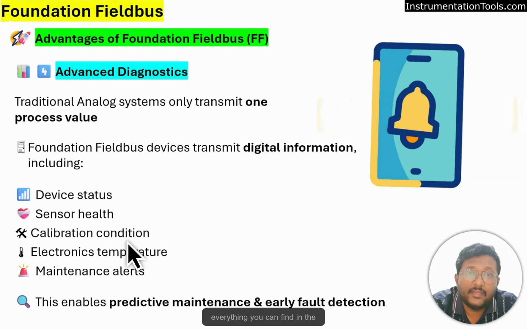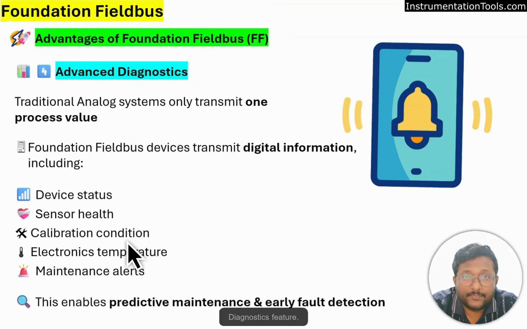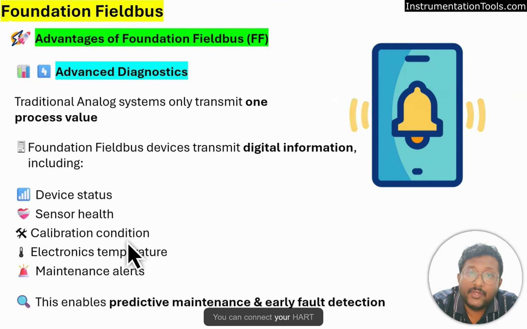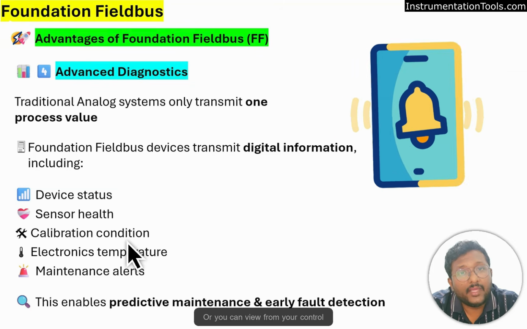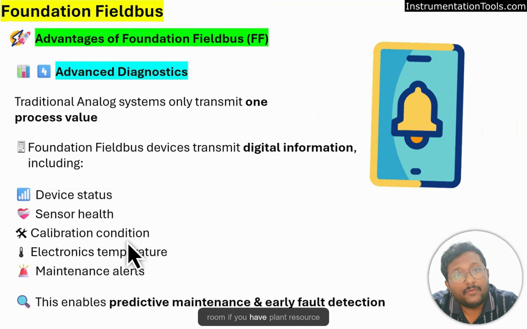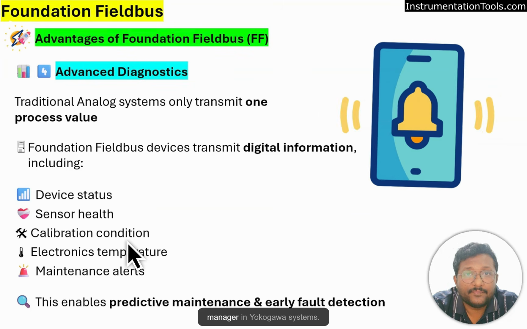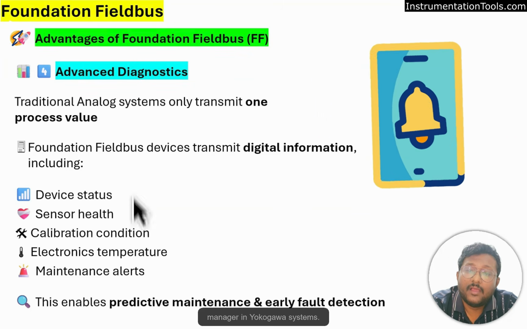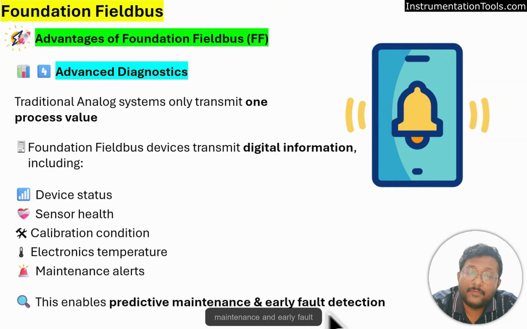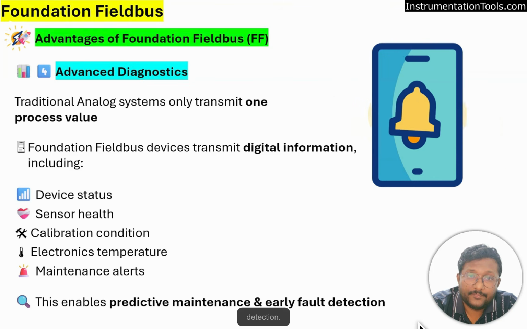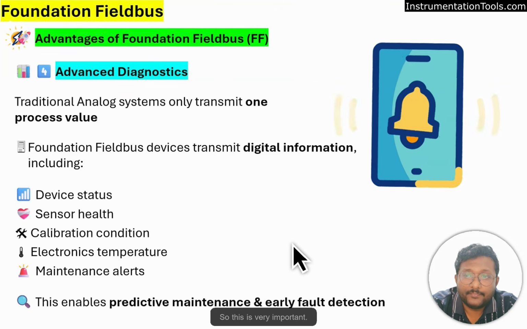Everything you can find in the diagnostics feature. You can connect your HART communicator and see these details, or you can view them from your control room if you have Plant Resource Manager in Yokogawa systems. So this enables predictive maintenance and early fault detection. This is very important.